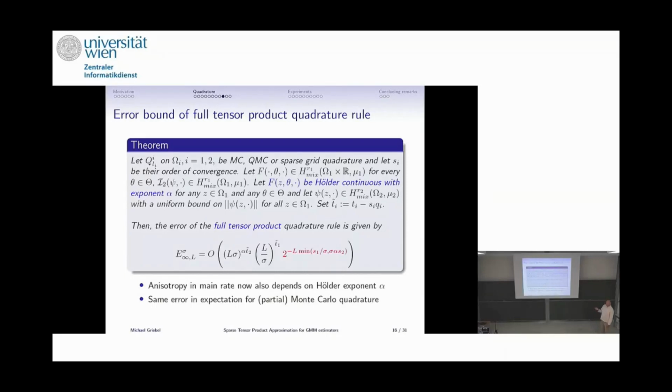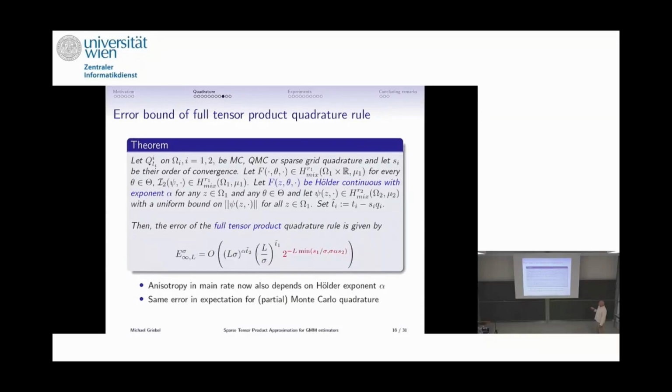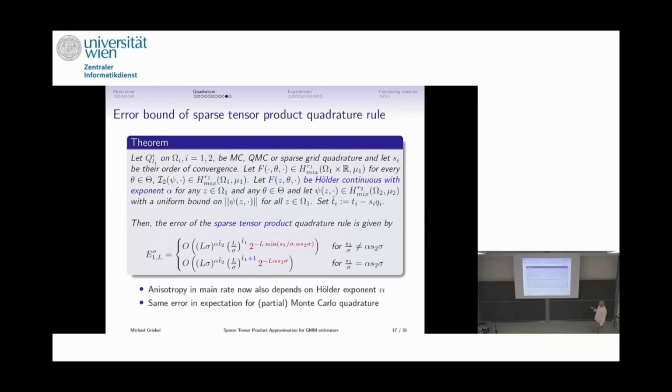For Monte Carlo, we can do the same thing in expectation, of course. The rates are the same. For the sparse tensor product quadrature, we get similar things, 2 to the minus L, but here is now this minimum as we had previously, same rate. If these two terms are not the same, it boils down to a simpler expression.